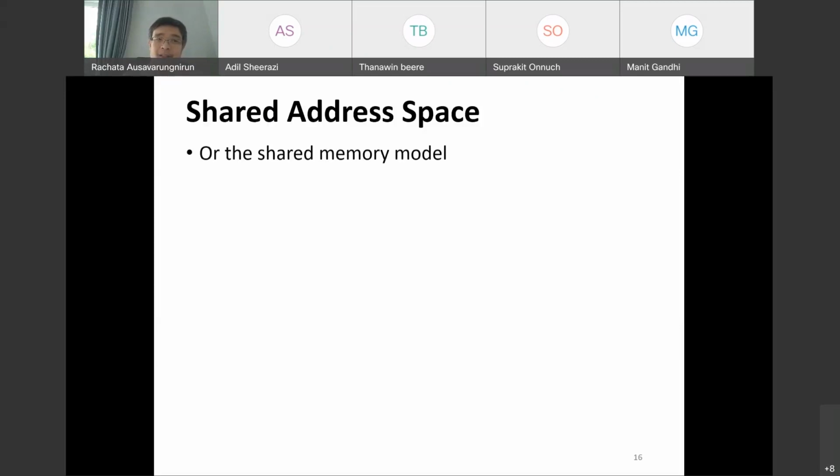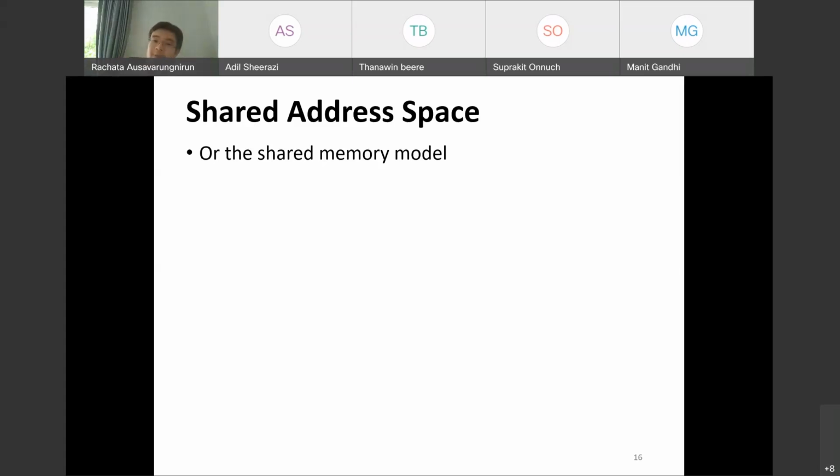Can anyone here tell me what is your understanding of address space? Has anyone here heard of the term before, actually? Okay, awesome.